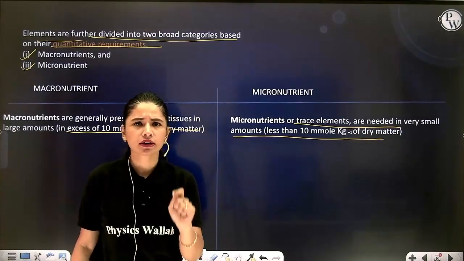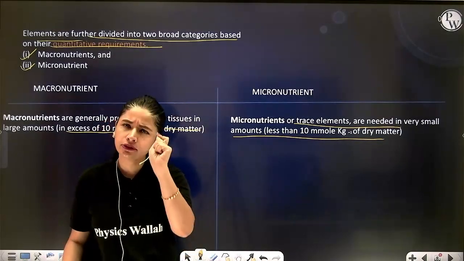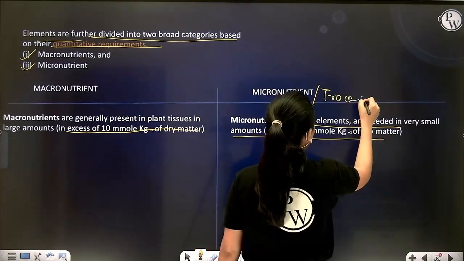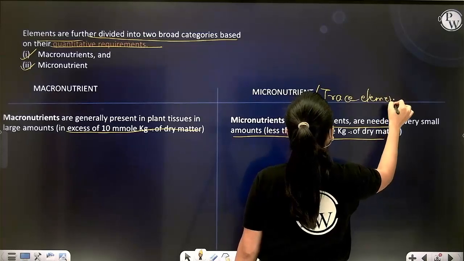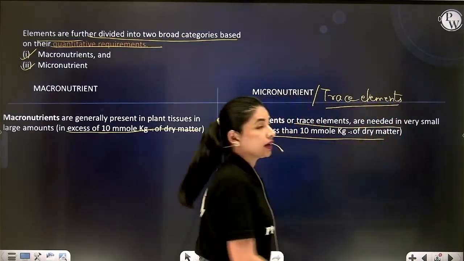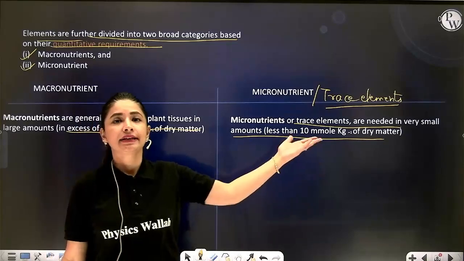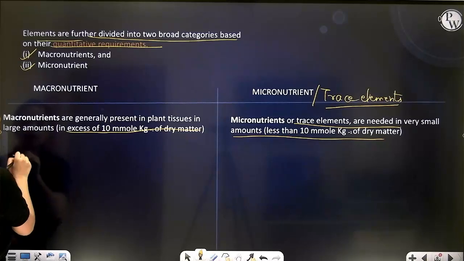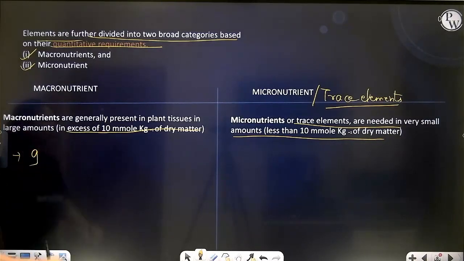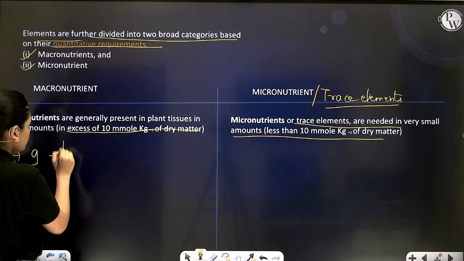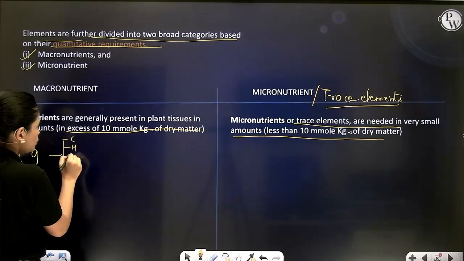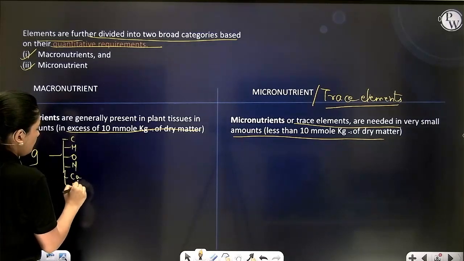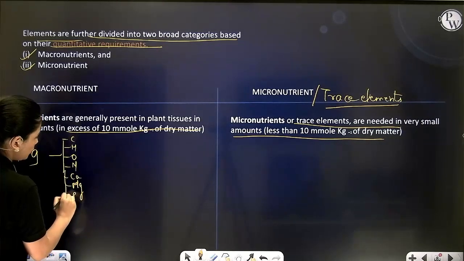These micronutrients are required in very less amount, in trace amount. Hence, micronutrients are also known as trace elements. Clear? Next point. Out of 17, 9 are macronutrients, which are carbon, hydrogen, oxygen, nitrogen, calcium, magnesium, phosphorus, and I hope one more is left.